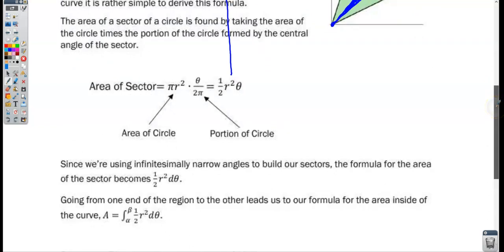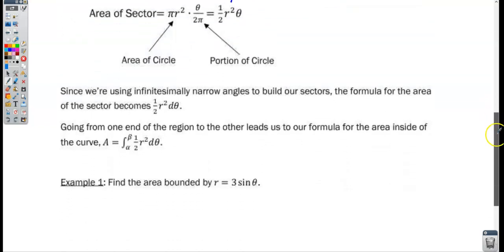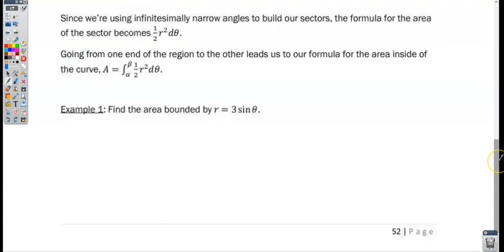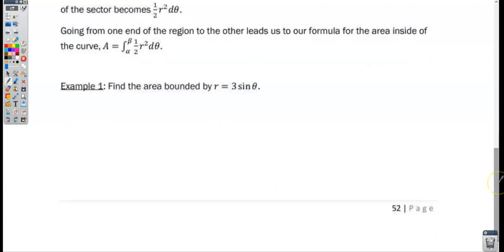There's one other important thing we need to consider when we're doing these problems, and that is where the endpoints, the limits of integration, are going to be for us. We need to pay attention and be aware of where the curve's going to start and where the curve's going to stop for our area finding purposes.